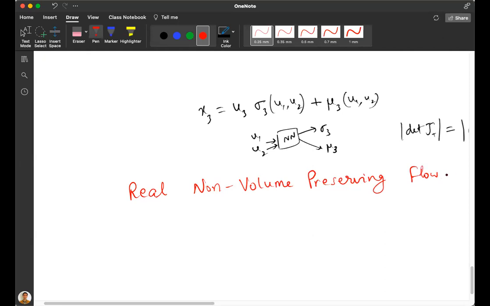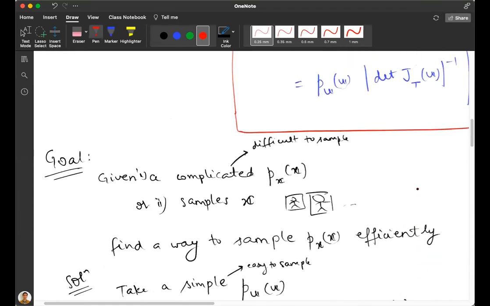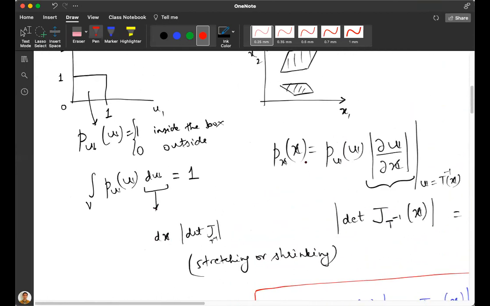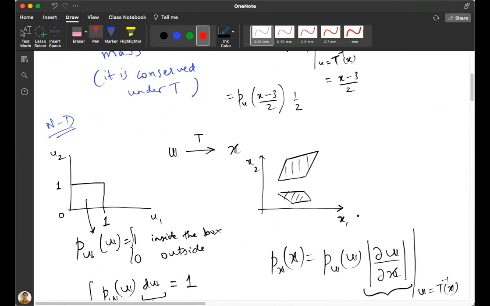Flow means a transformation basically. Why is it called a flow? Because there is a flow of probability mass. Remember this, probability mass is getting squeezed from one area to another area. So you can say my probability mass is flowing, some parts from here to here. So it's flowing.